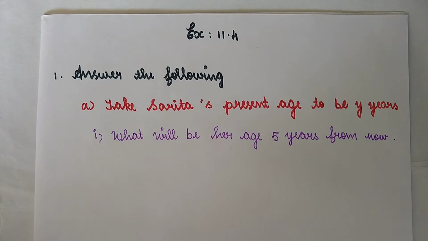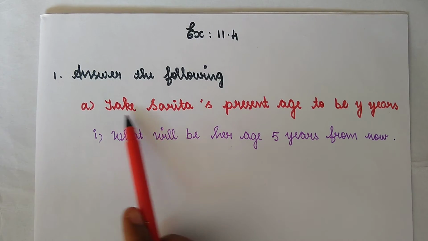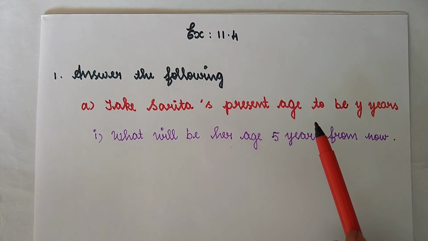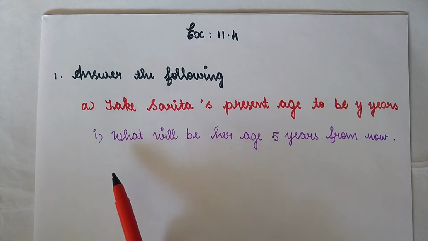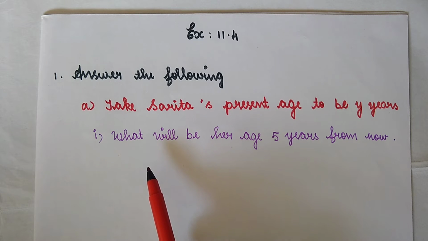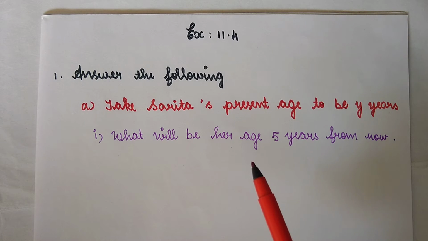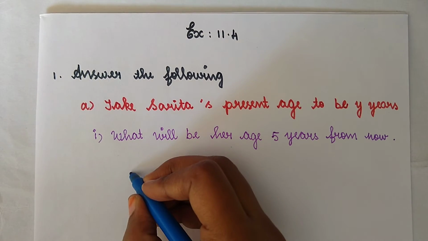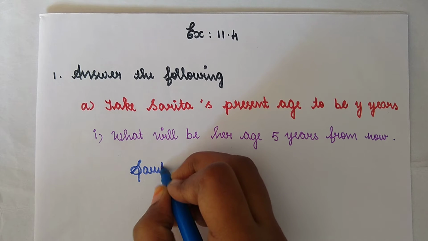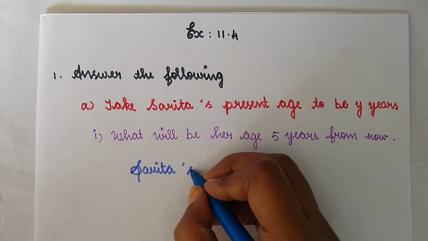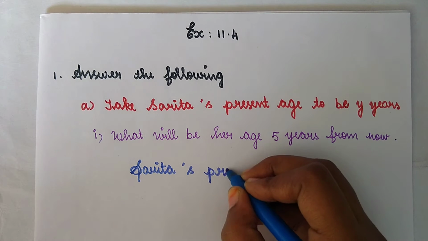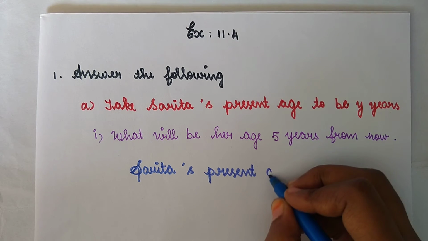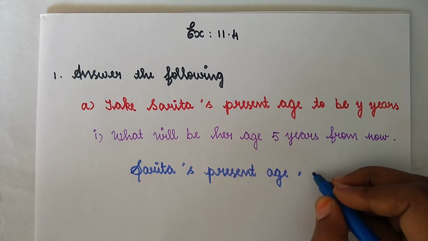So in this sum, this is common for the subdivisions. In this first subdivision, we have to find her age after 5 years. Okay, so here given is, first we have to write Sarita's present age equal to y years.